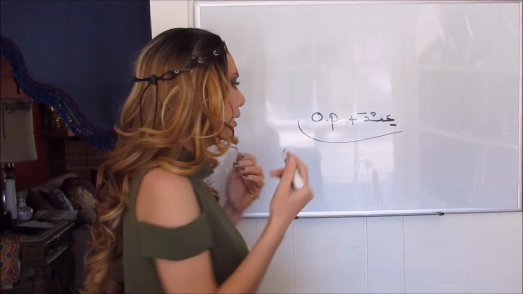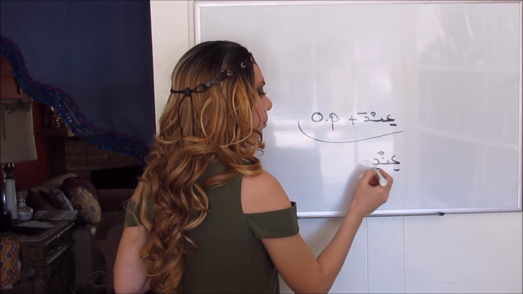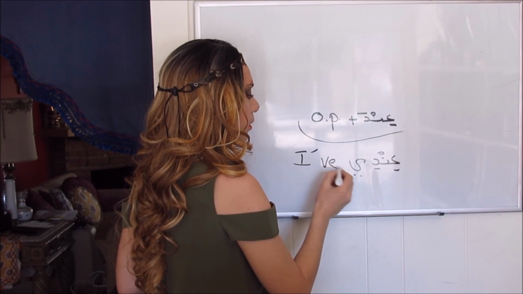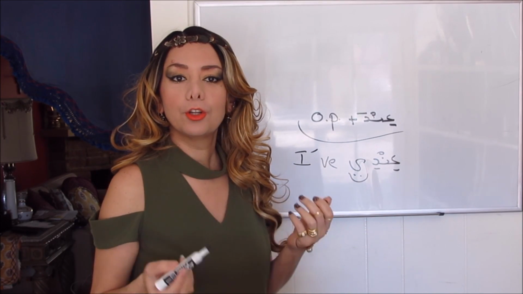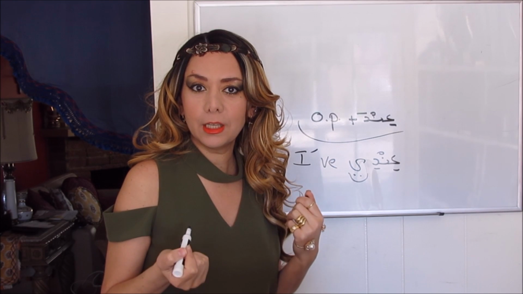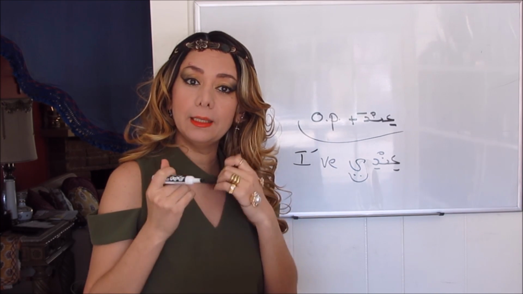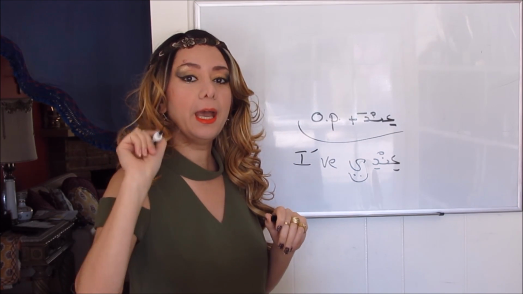So عندي, for example, عندي means I have. عندي. This ya is referring to the first person singular. My possession, in my possession. عندي, I have. عنده, he has.